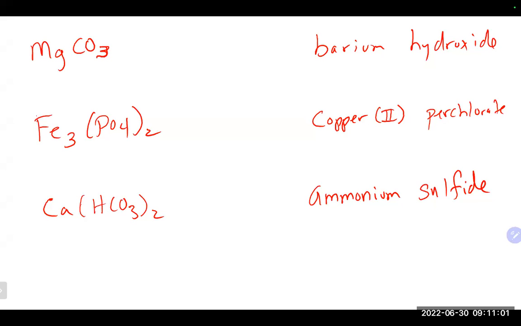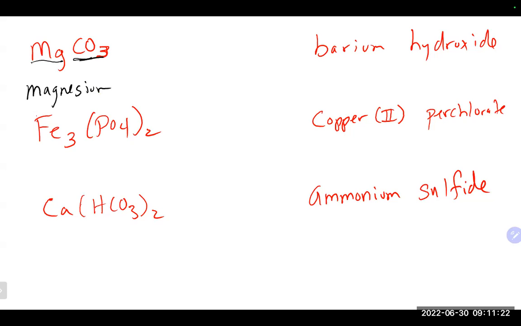So we have MgCO3. We do have a metal and we do have a polyatomic ion. Our metal here is magnesium, which, once a metal is involved, is the most important one. That is group 2, which means it has a fixed charge. It's a type 1 metal, which means we just need to use the whole name, magnesium.